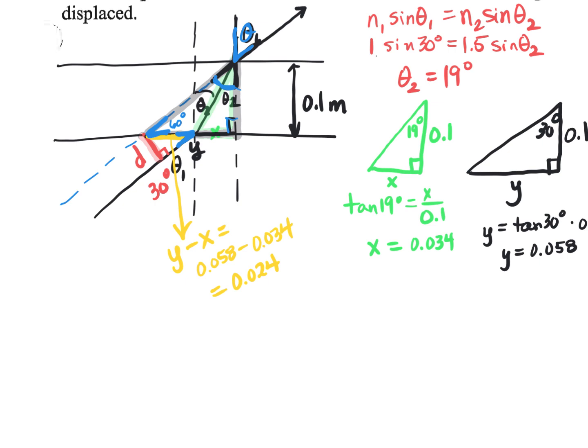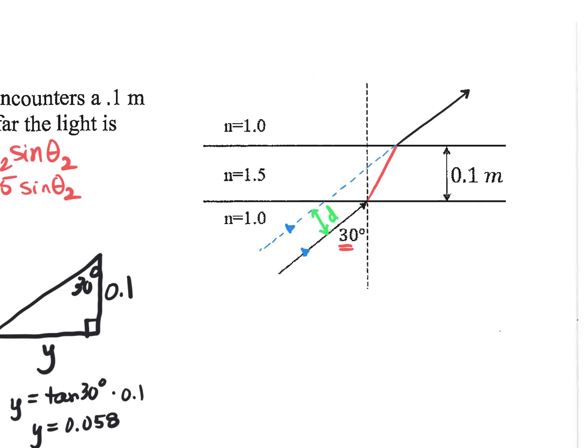It reflects out at the same angle it reflects in. Okay. If this is 30, then this is also 30. Okay. Because remember, it's always measured from the normal.